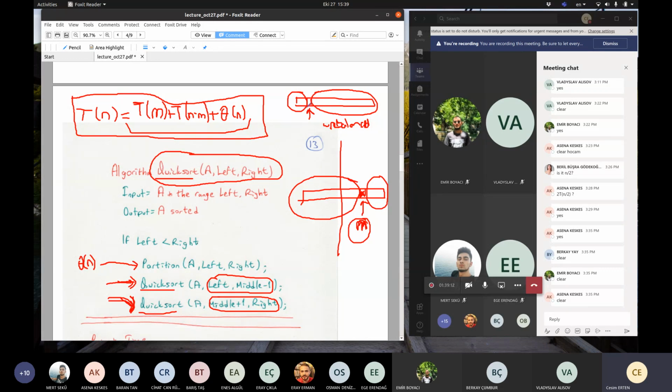In this case it's close to the left end, for instance, so that we have very few elements in the left array and a very large number of elements in the right array. Remember that quicksort will recursively work on this part and on this part. This is the figure of an unbalanced partition.